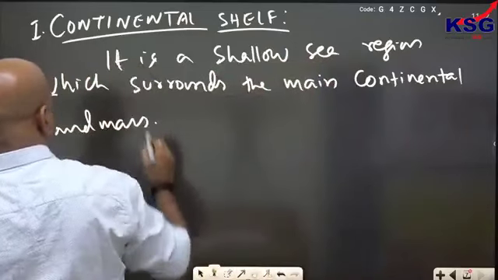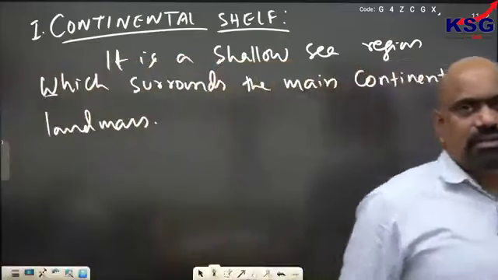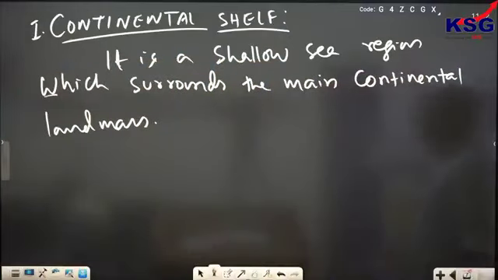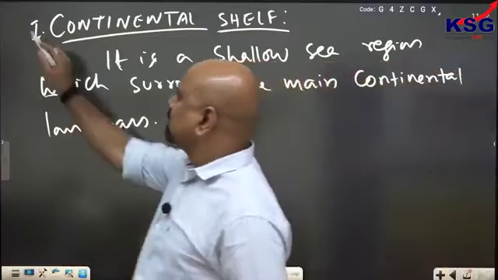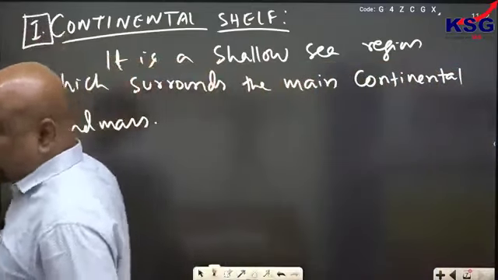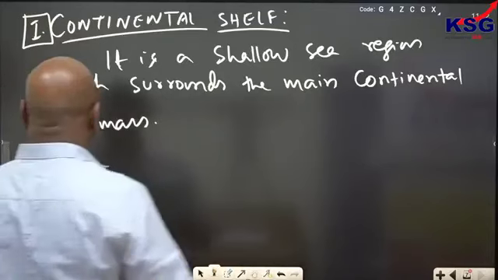Again I am saying, it is a shallow sea region which surrounds the main continental landmass. Now, this particular region, continental shelf region, as I have said, it is a part of the continent which is submerged under the ocean. Okay. This is next point.